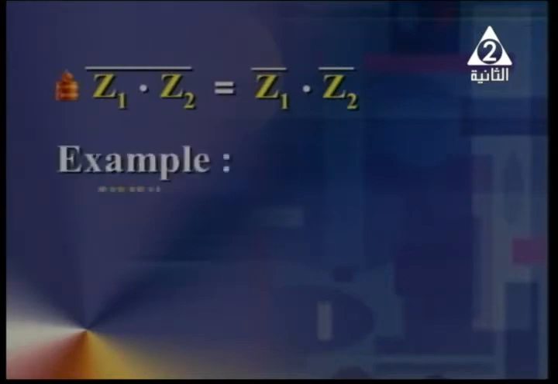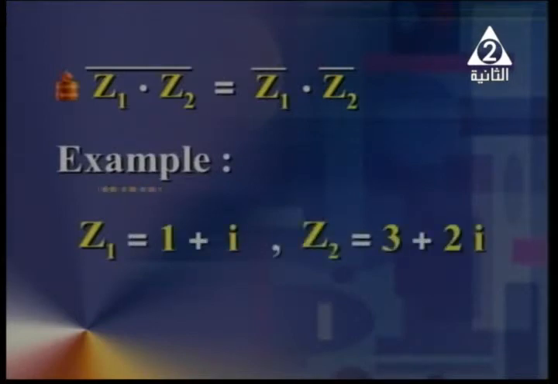The conjugate of the product of two complex numbers equals what? The product of the two conjugates. Example, dear student: if we have z1 equals 1 plus i, z2 equals 3 plus 2i, we find z1 times z2.